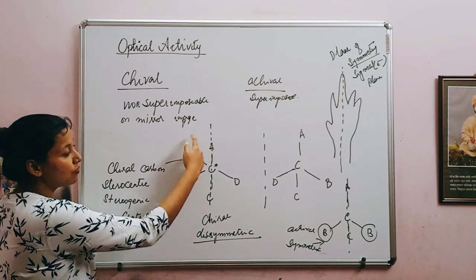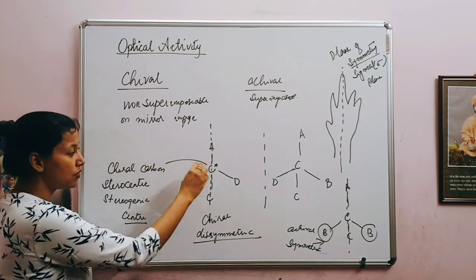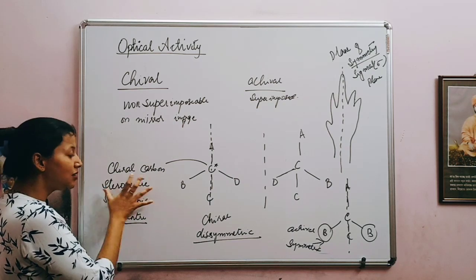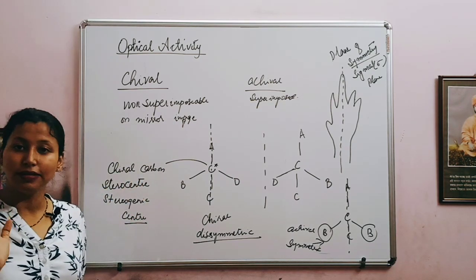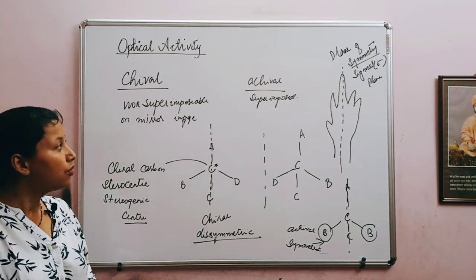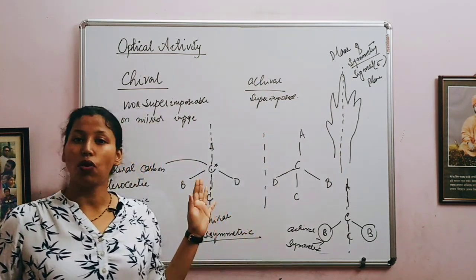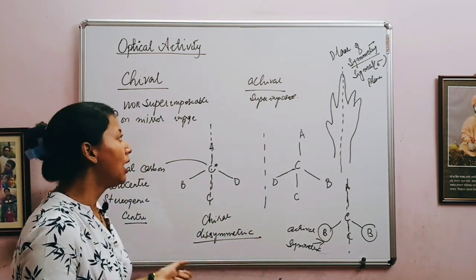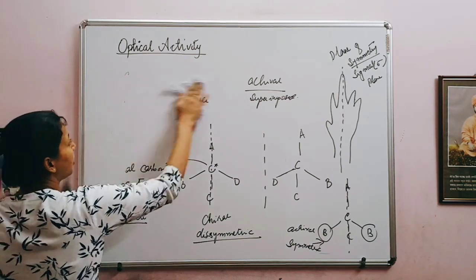The carbon which has 4 different groups attached to it is called a chiral carbon, stereo center or stereogenic center. So this is about optical activity.